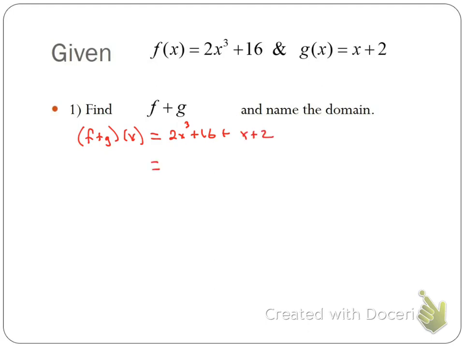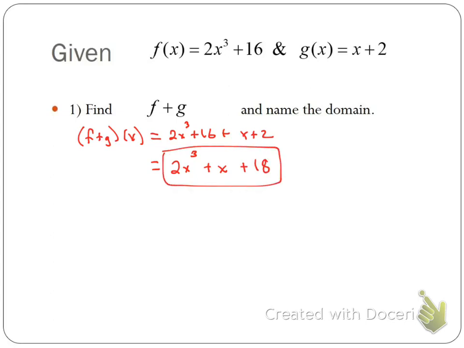And then I'm looking to see, can I combine any like terms? And I can. I can combine the constants. And let's write this function in descending order: 2x cubed plus x plus 18, right?